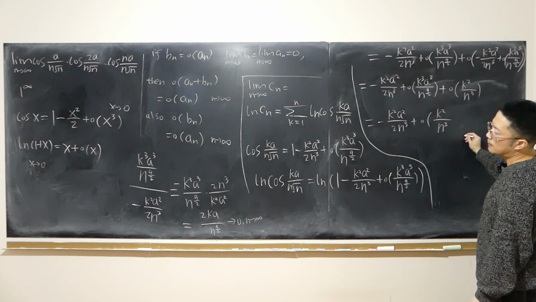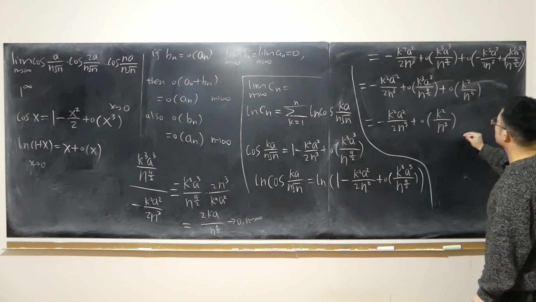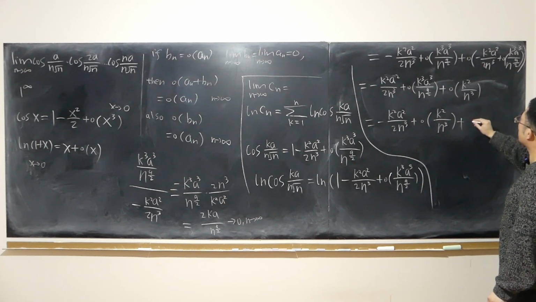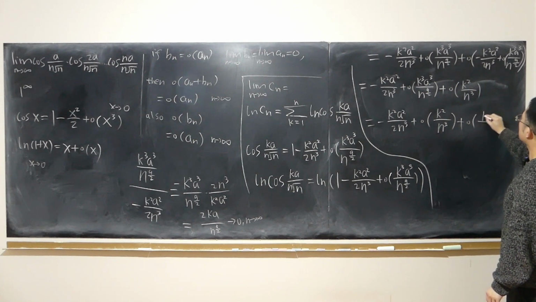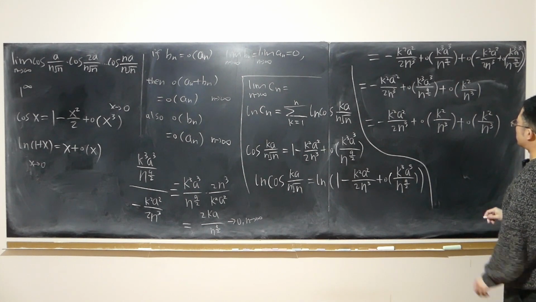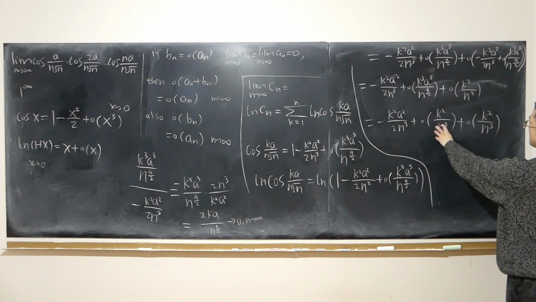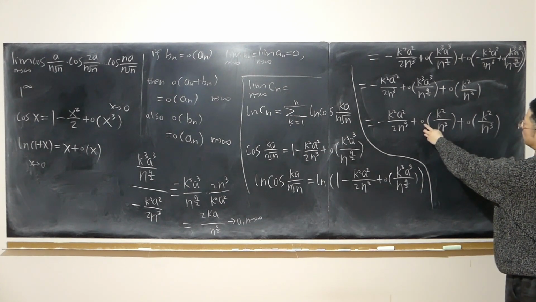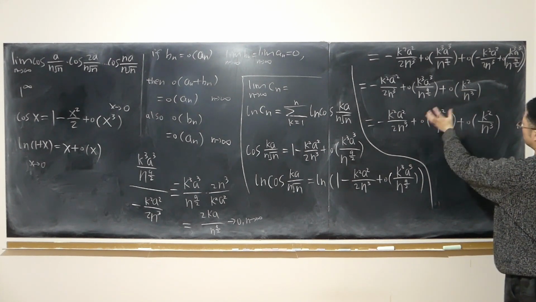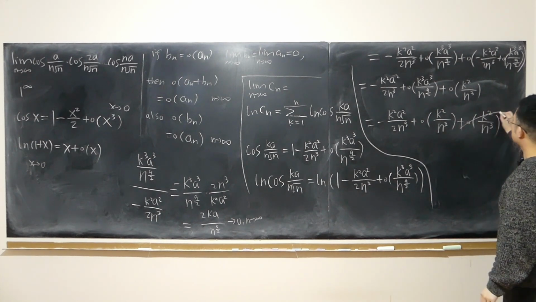K squared a squared gone, 2 gone, negative gone, just this. Plus this guy, little o of k squared over n cubed. But this I can just factor out the k squared over n cubed. Little o can be treated as some sequence approaching 0. Just factor this out. Still little o of this thing. Just get rid of that.